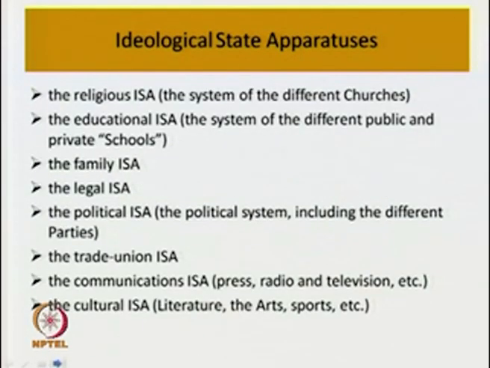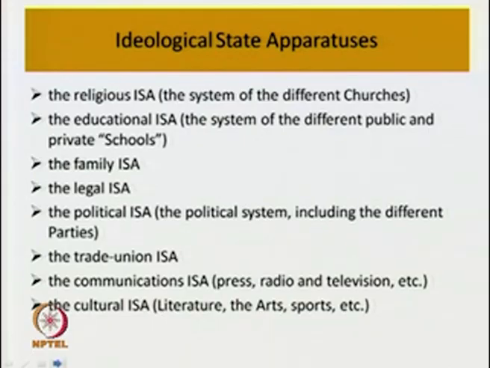Now, unpacking this, what are these ideological state apparatuses? What are these ideological state instruments? One, the religious ideological state apparatus. The religious, he says, are, for instance, in a Christian country, the system of the different churches.